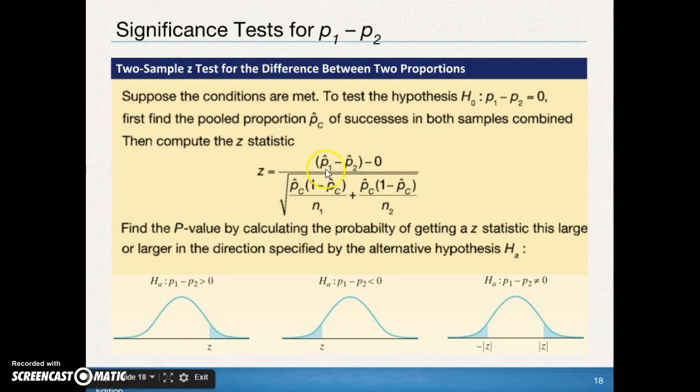We'll use our statistic from our sample data minus 0 divided by that standard error, but this time our standard error has those p combined in it. And then you get your p-value by, once you get your z, looking it up in the table exactly the same way as we had before. If it's greater than, look at the upper tail. If it's less than, look at the lower tail. And if it's not equal to, double it so that you're looking at both tails.